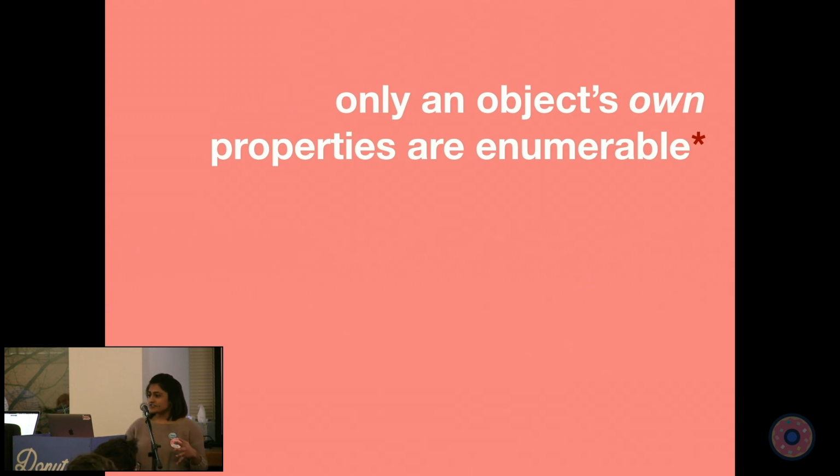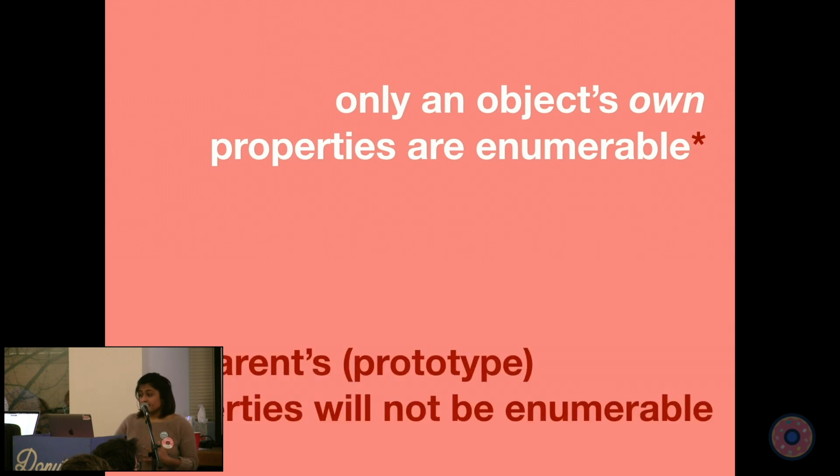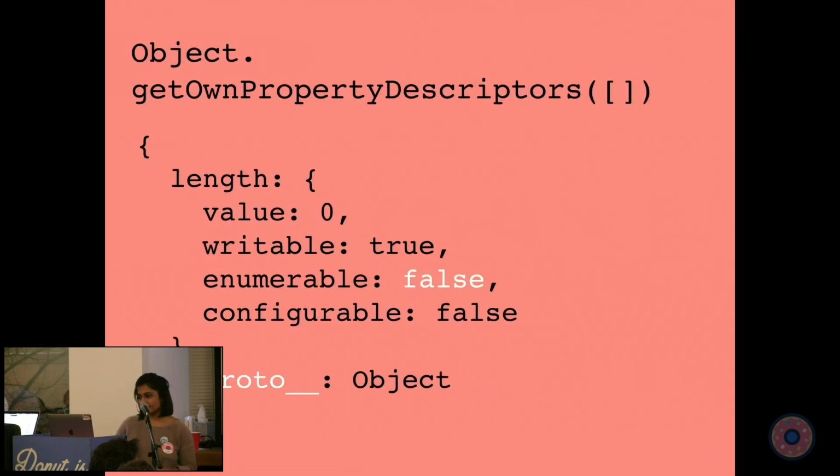When it comes to objects, however, enumerable properties are only going to really show up for us when we're looking at the object's own properties. So what that means is the parents or the prototype object, those properties are not going to be enumerable. This might seem a little convoluted, but there's a reason for this.